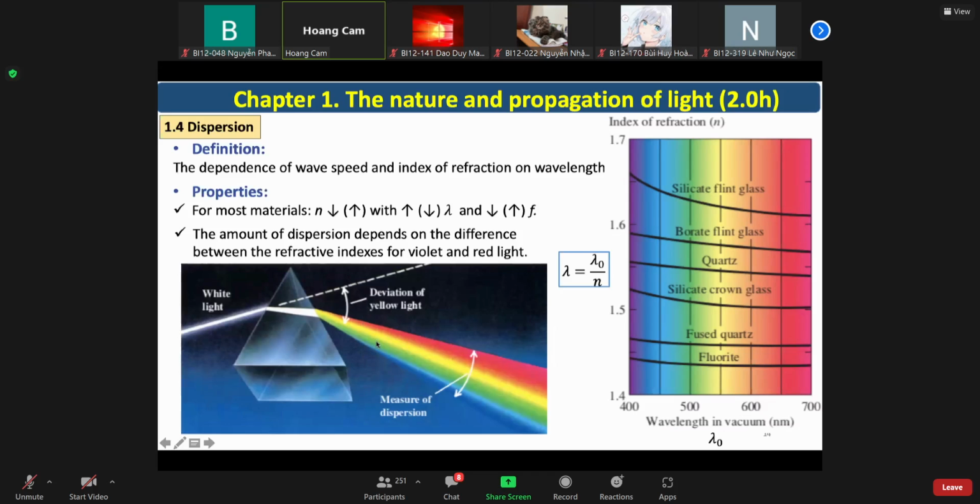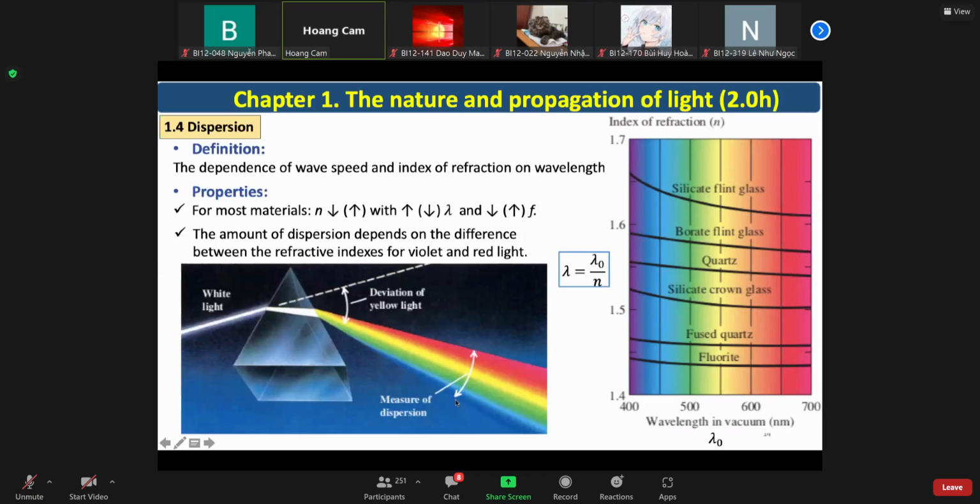And if we measure the green one, for example, we have the deviation of the green light. And this angle is a measure of dispersion, from the violet to the red one.